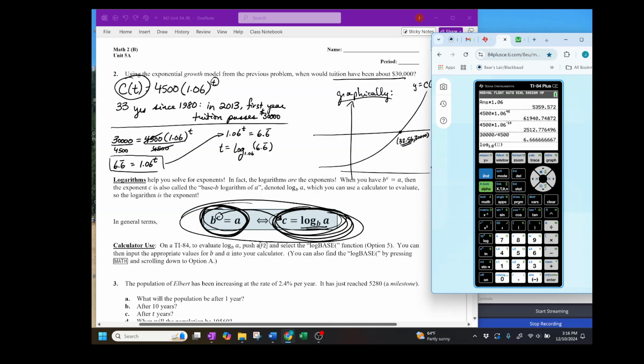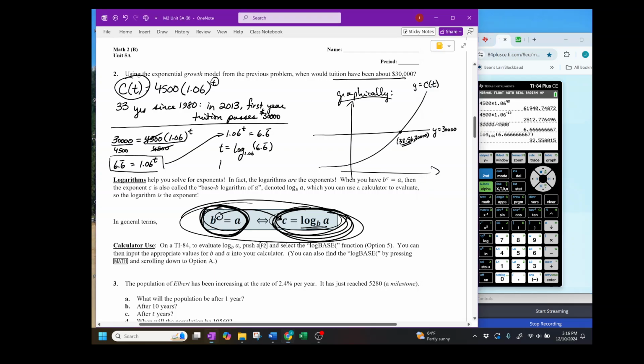The base is 1.06, and we're typing in 6.6 repeating. I don't want to type all that in, so I'm just going to come up here, highlight it, and hit enter, and that cuts and pastes it. And now I'll hit enter again. 32.56 years. So t equals 32.56 years. Therefore, in 2013.